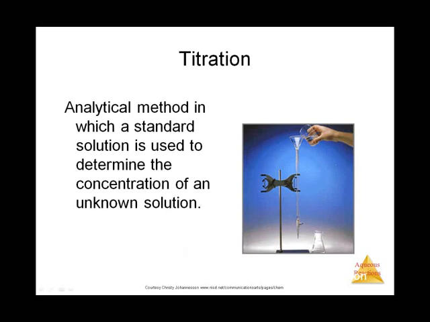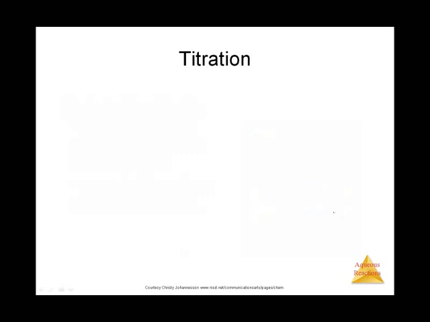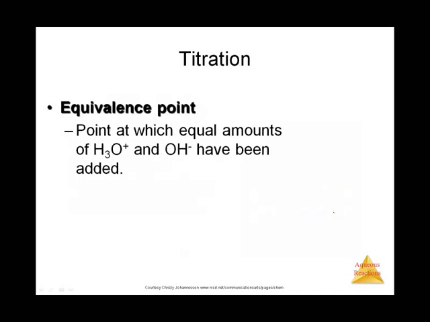You're going to put the known substance here, and you're going to figure out how much it takes to cause some change that you recognize as meaning it goes neutral. Right? So what you're looking for is the equivalence point, which is the point at which you have equal hydrogen, or sometimes we say hydronium ion, and hydroxide concentrations.